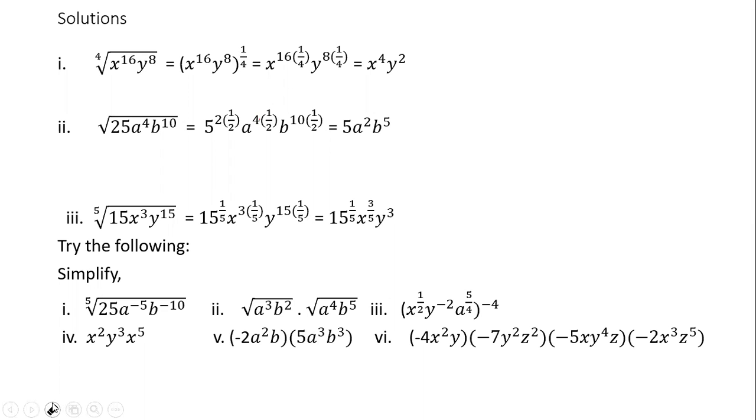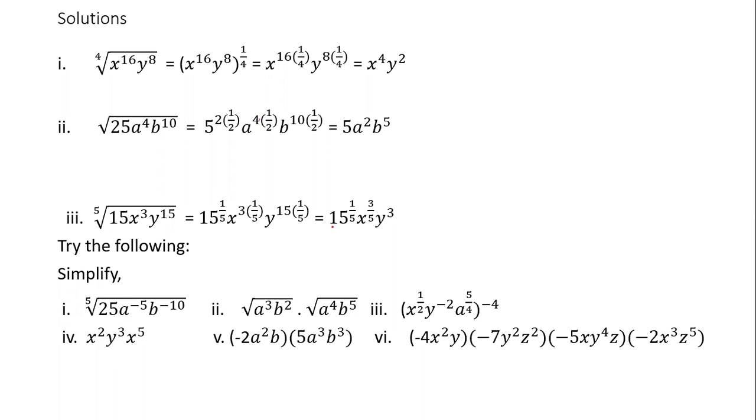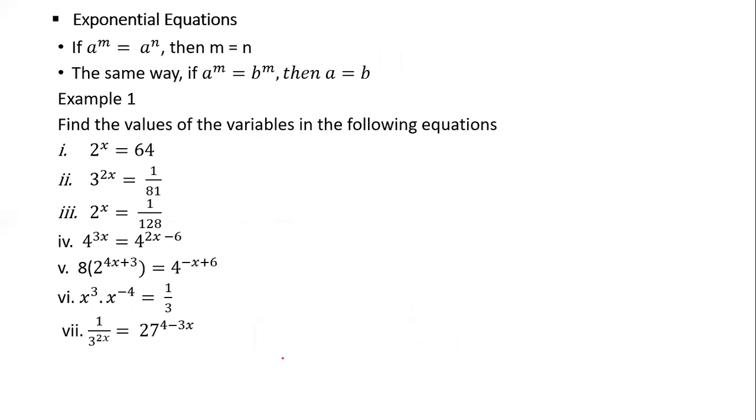And by simplifying, we are going to get 15 power 1 over 5, x power 3 over 5, then y power 3. Good. Now we can try the following. Simplify this expression. Try it on your own.